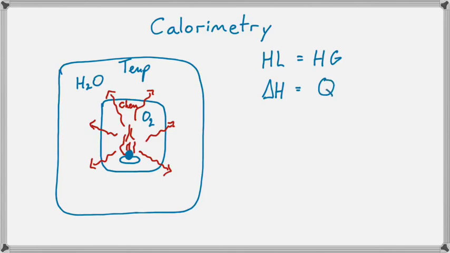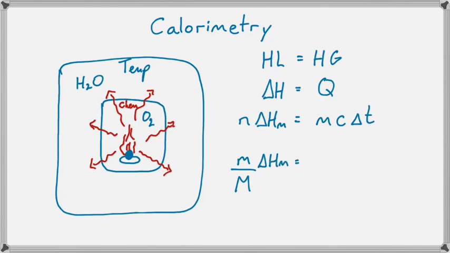And we can continue to expand, because I know that Q is equal to mc delta T. I know that delta H is equal to n delta Hm, or we could go a little bit farther and say mass over molar mass times delta Hm is equal to mc delta T, or some other combination.